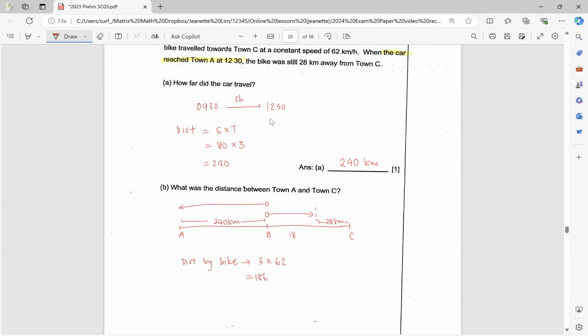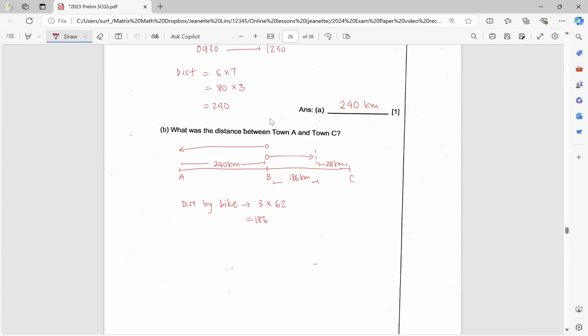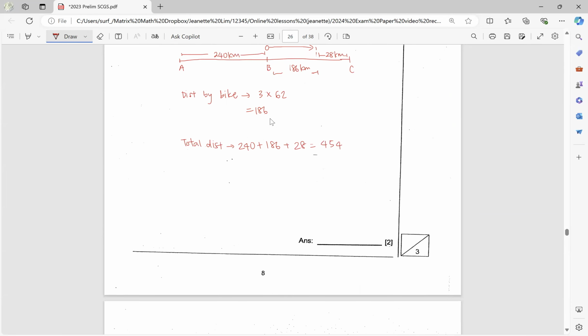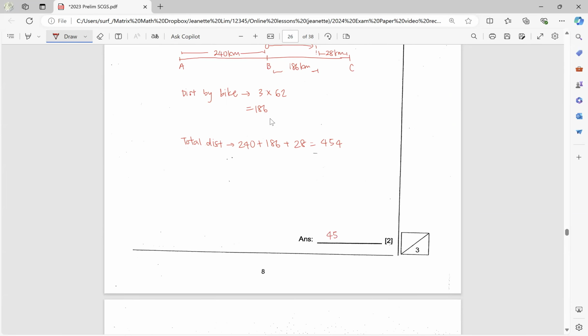So this is 186 km. So what's the total distance? I can add them up. 240, 186, and 28. So 454 km is the answer.